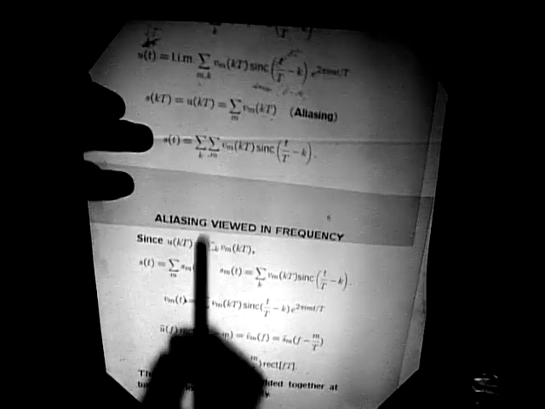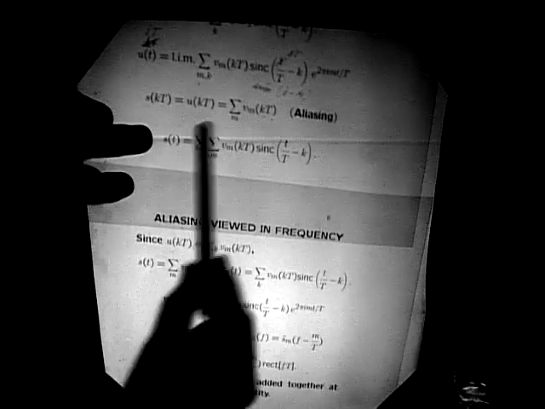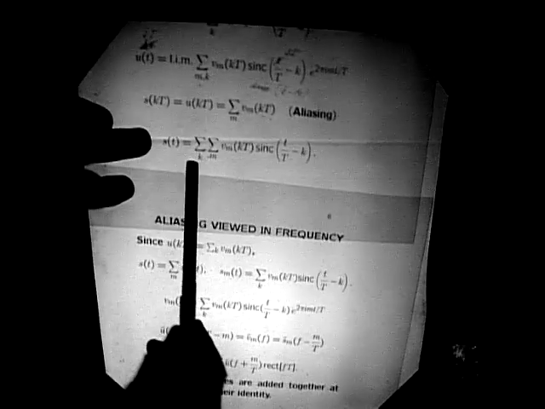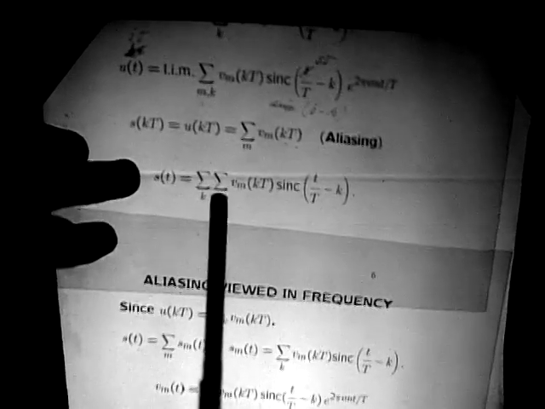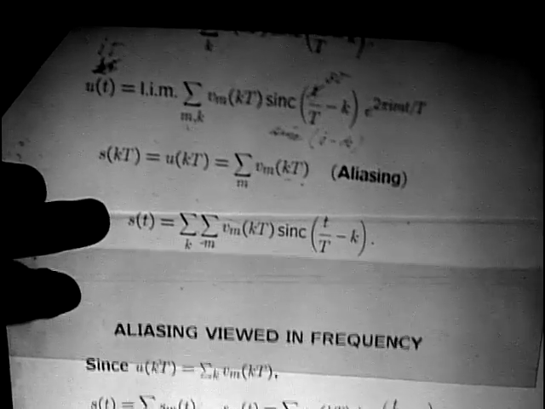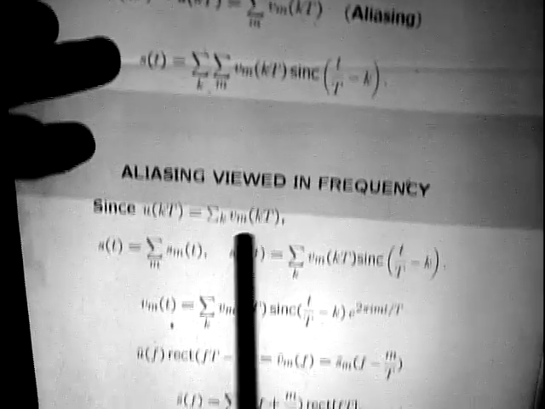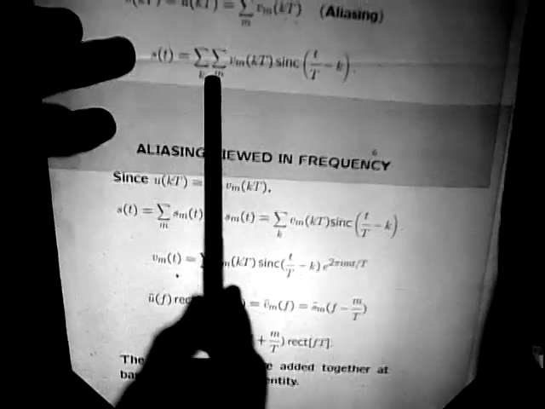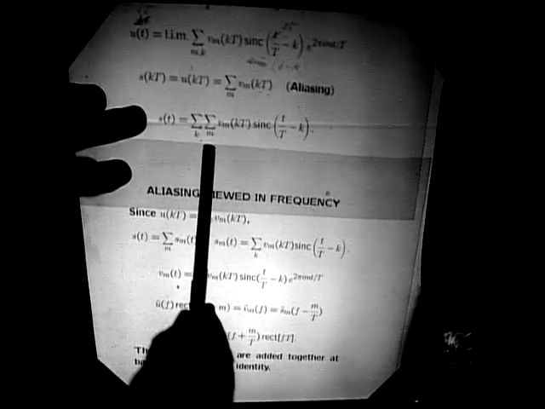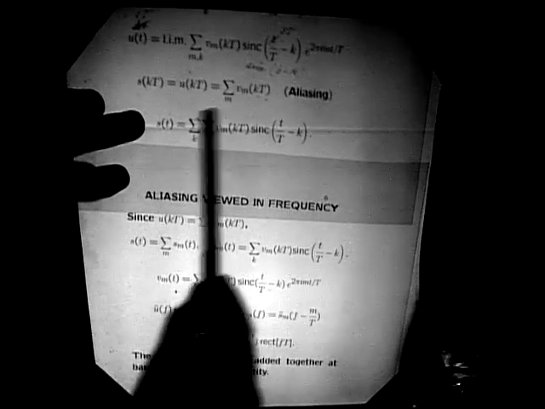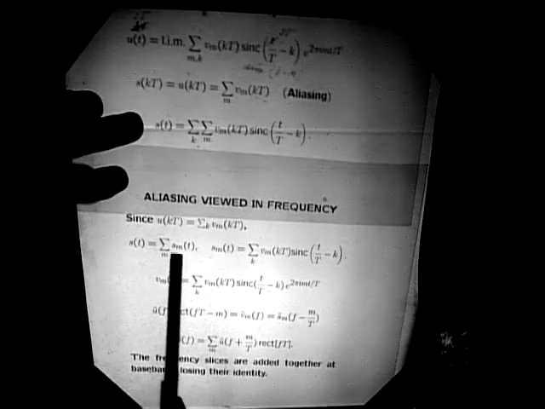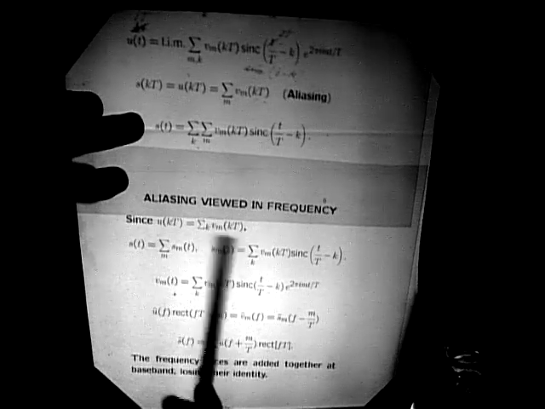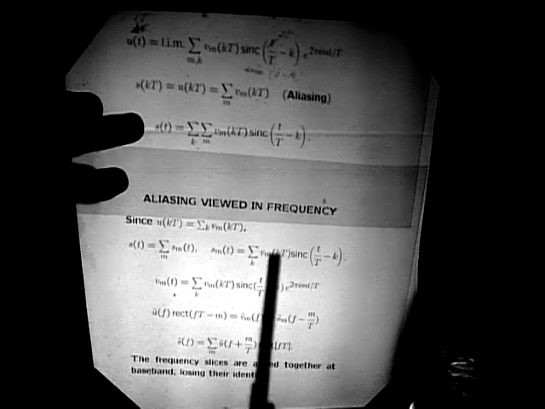And what we found was that s of t is equal to this quantity here, which is a sum over time terms, the sampling terms, and a sum over frequency terms. What I'm doing now is I'm just defining s sub m of t to be this sum in here for one particular value of m. I'm just splitting this double sum into a number of separate terms. So this is the contribution to s of t from the mth frequency band.